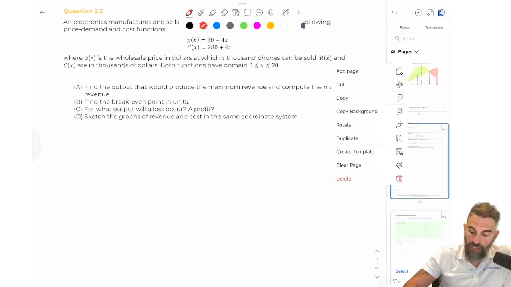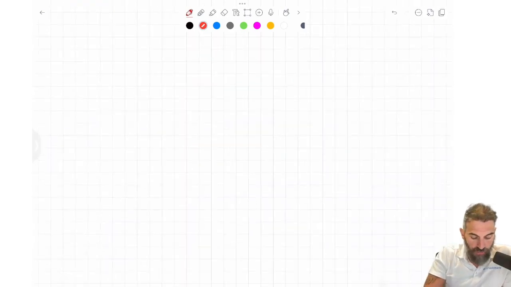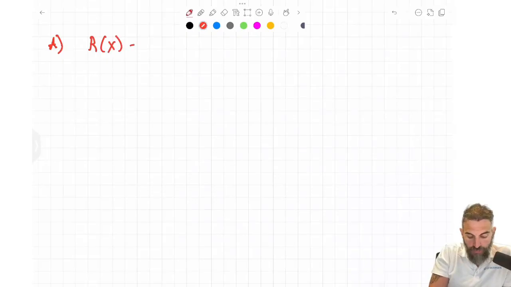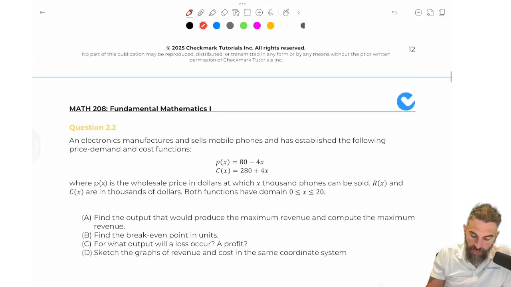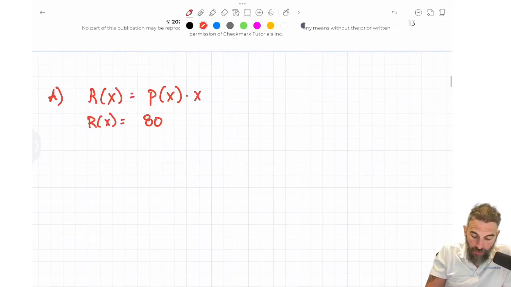Okay, very good. So to answer the first question, let's start by finding our revenue function. We learned in the previous chapter that revenue is price times quantity. They gave you the price function. They said it was 80 minus 4x.